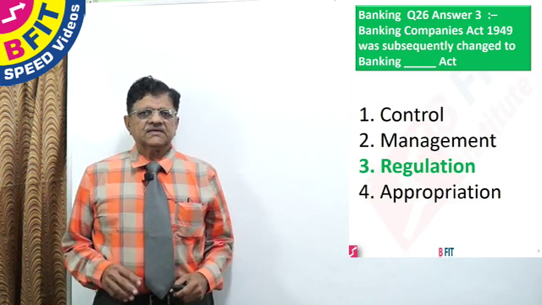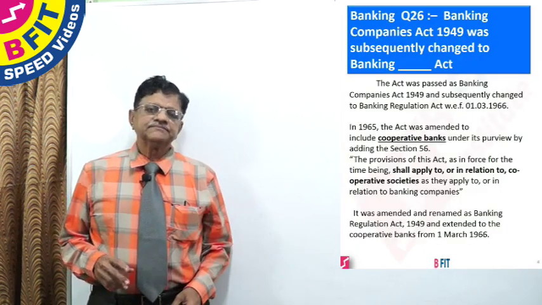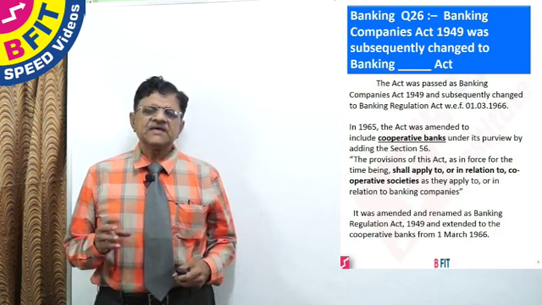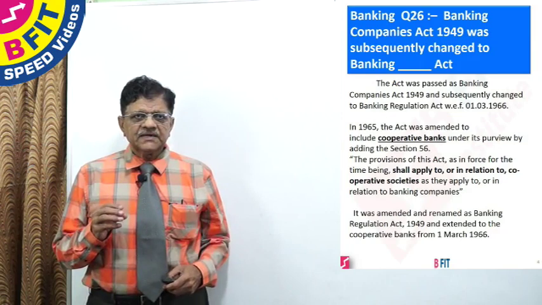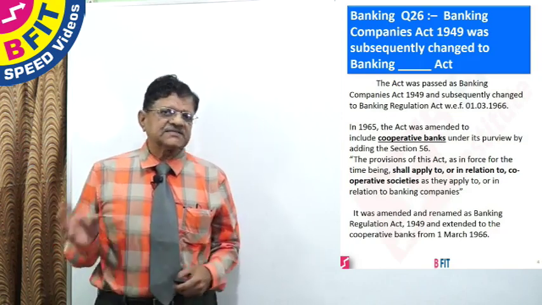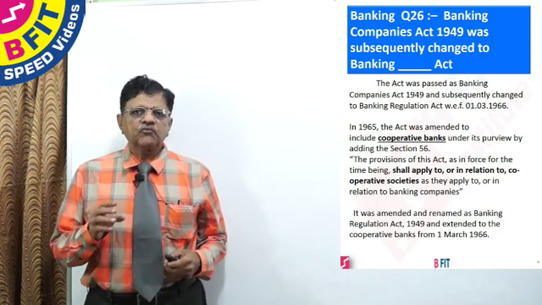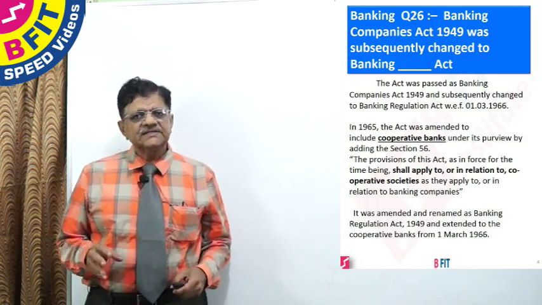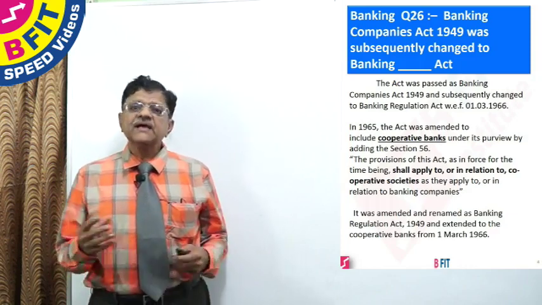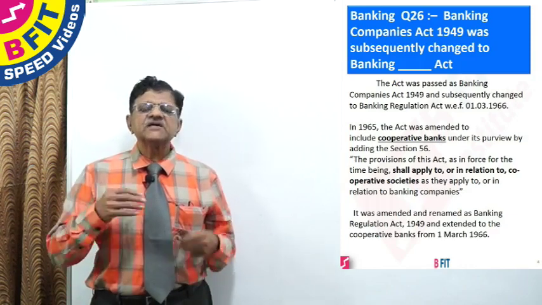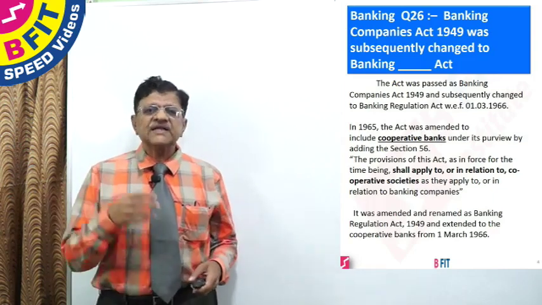Now why this change? Earlier the act was called Banking Companies Regulation Act, and in 1966 it was changed to Banking Regulation Act. Exactly on 1/3/1966 the name of the act was changed from Banking Companies Regulation Act to Banking Regulation Act, and the word companies was discarded. What was the necessity?